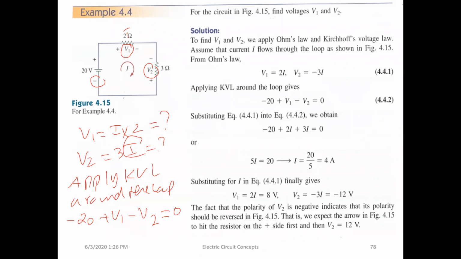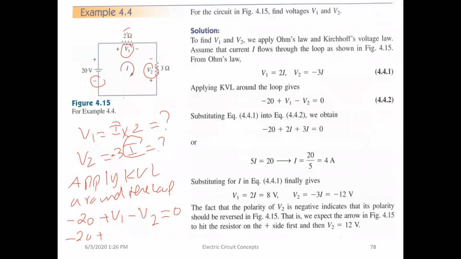Now I should make a correction here: since the current I is hitting the minus of V2, it would be a minus.